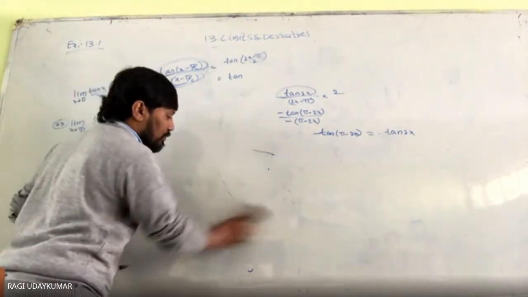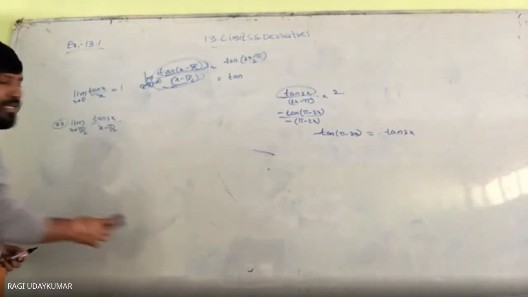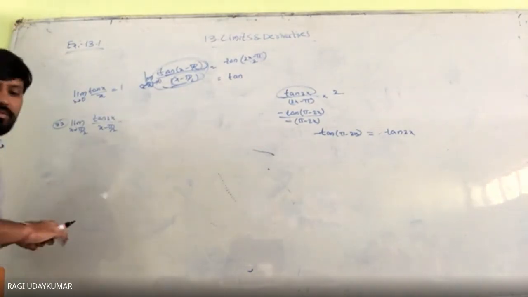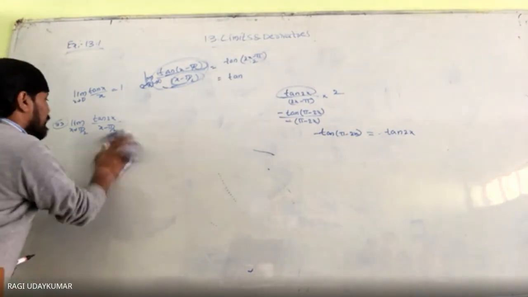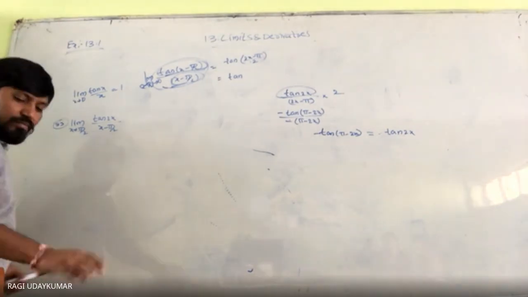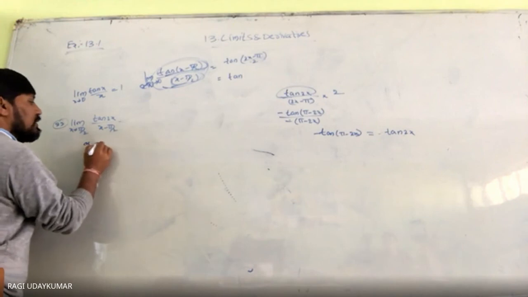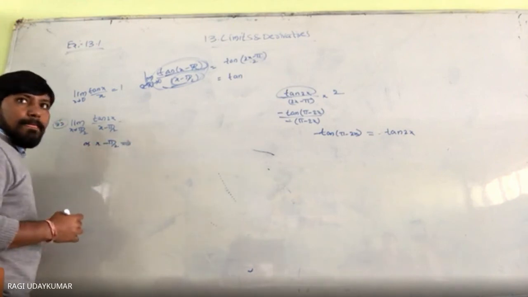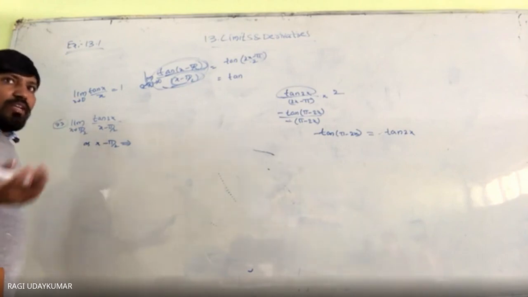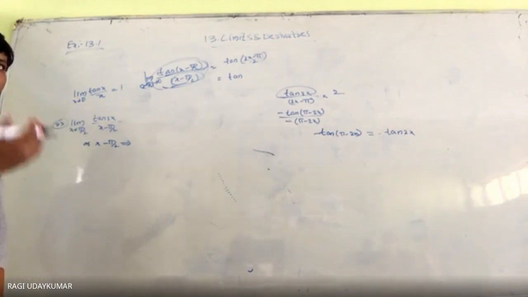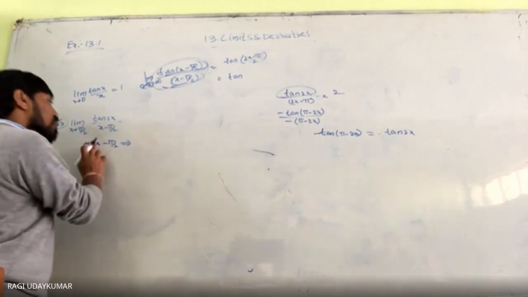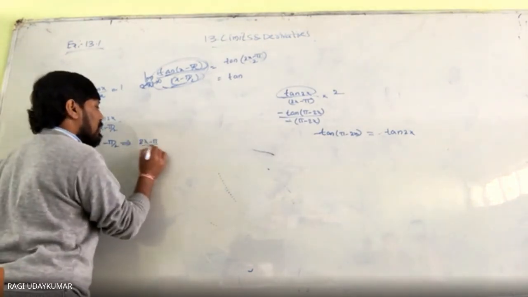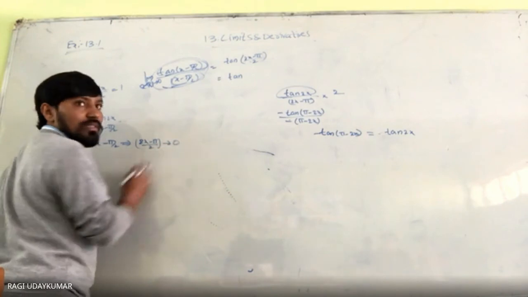So now here, what you can write: x tends to pi by 2 implies pi minus x by 2 tends to 0, or x minus pi by 2 tends to 0, or 2x minus pi, can you write it as 2x minus pi by 2 also tends to 0?